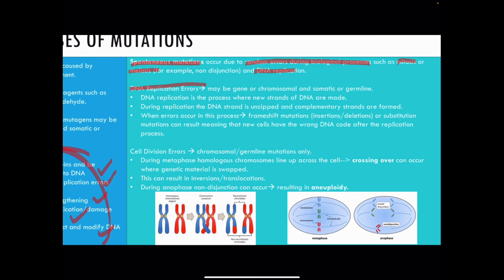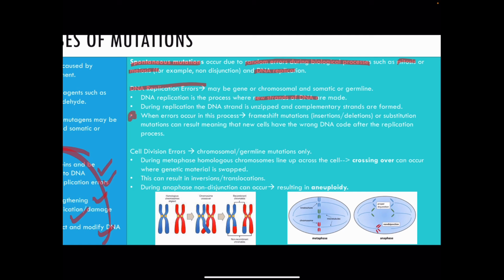DNA replication, remember back to Year 11, is the process where new strands of DNA are made. It's important because when our body cells replicate, we need to make sure the new cells are going to have the correct number of chromosomes. We can't replicate a cell without replicating the DNA. During DNA replication, the DNA strand is unzipped and complementary strands are formed. So basically, we're making an identical copy.